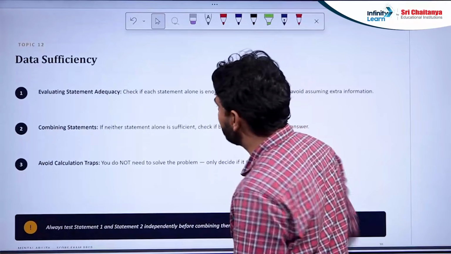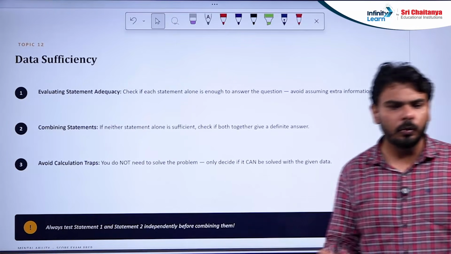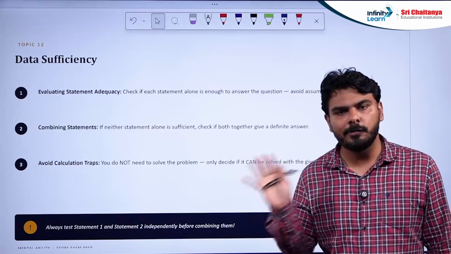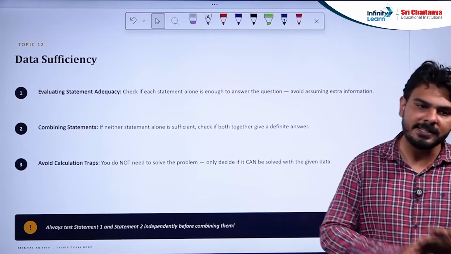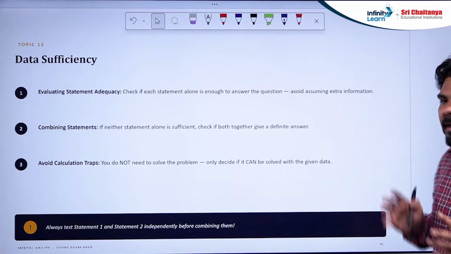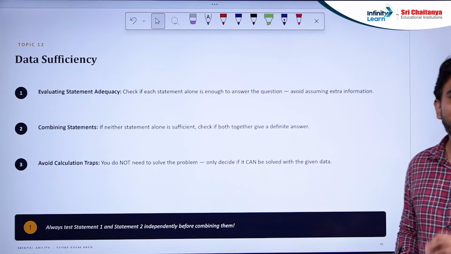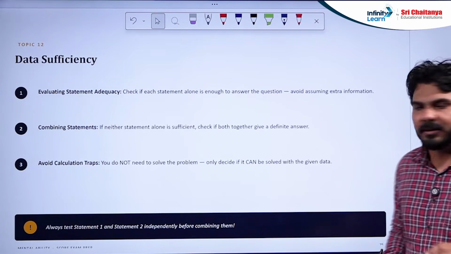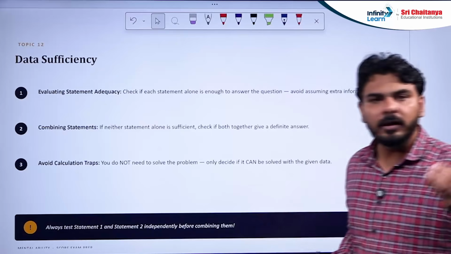Okay, if you understand every maths topic, if you understand every reasoning topic, then every reasoning topic and every maths topic can be covered in this chapter, data sufficiency. Okay, because what will be coming in this chapter? You will just be given like 4 options.